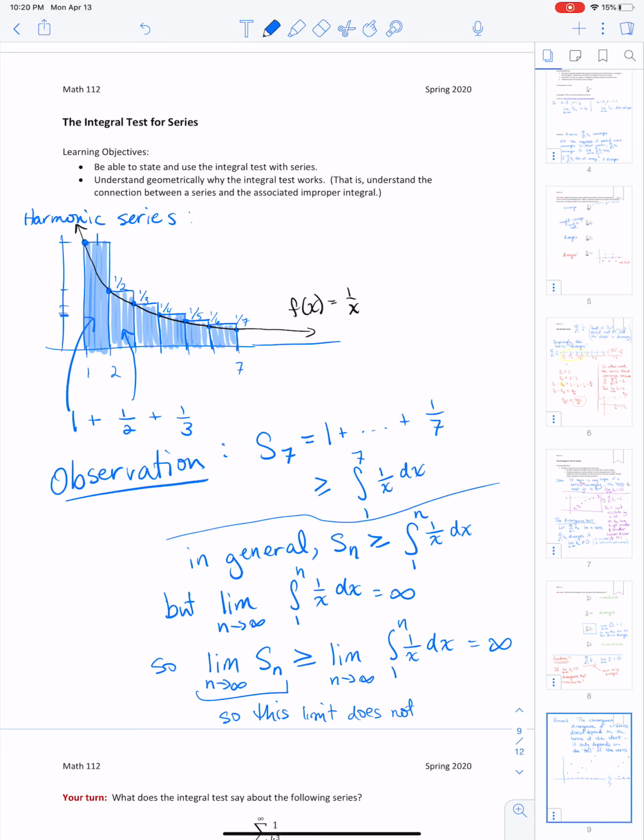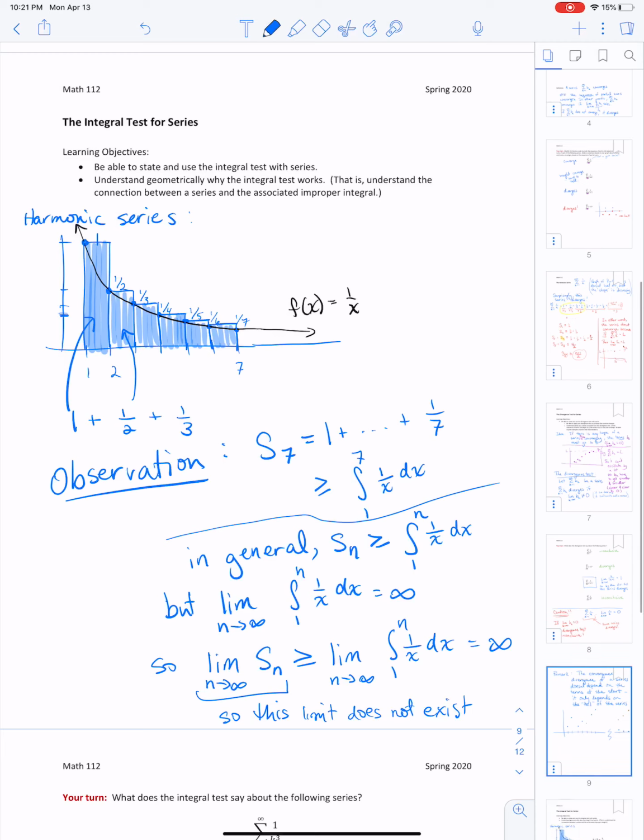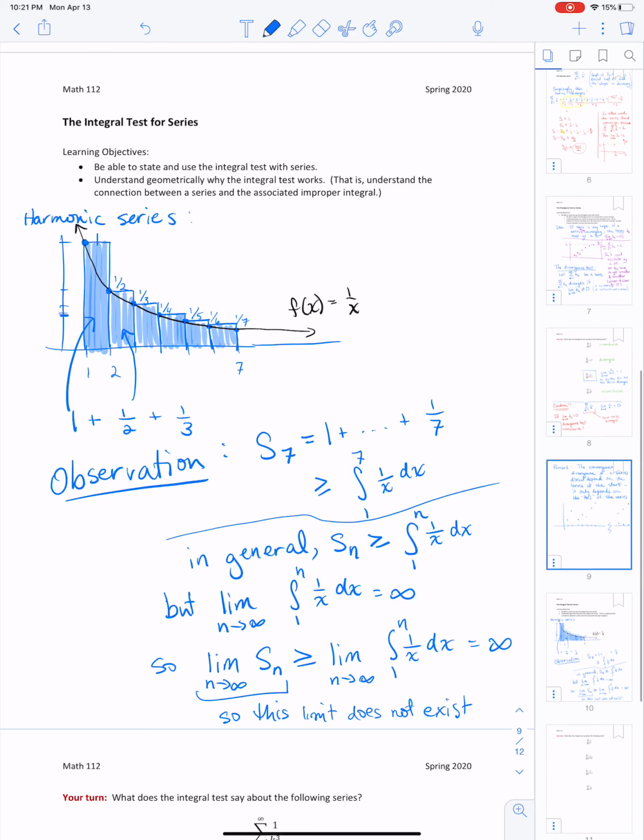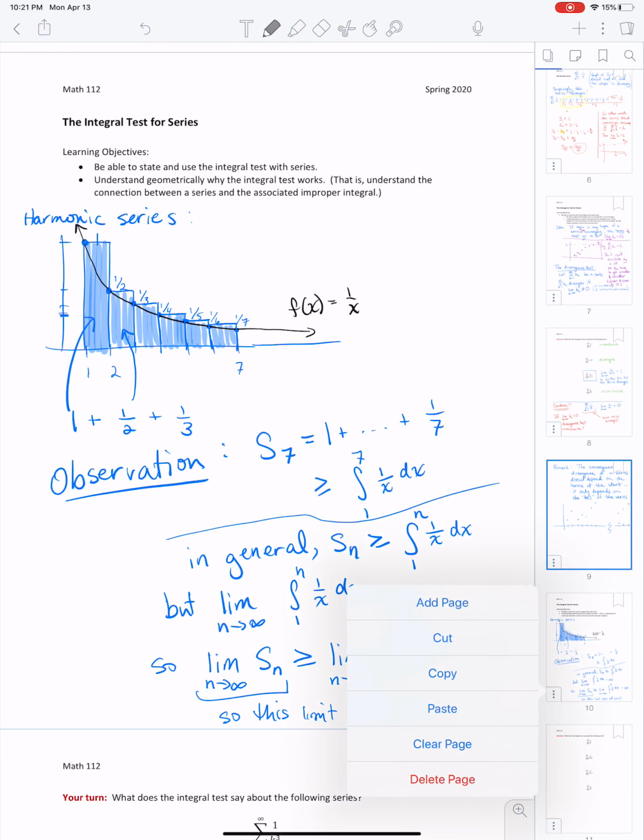In either case, what we know is that this series therefore diverges. So let me go ahead and add a new page here. I'll make sure I add a corresponding page to your notes.